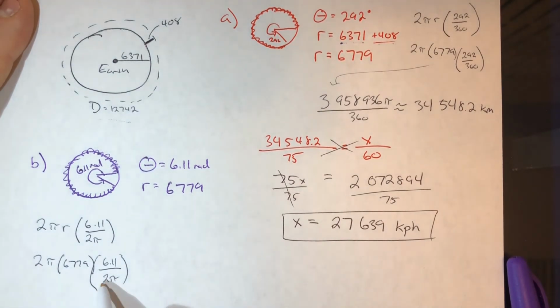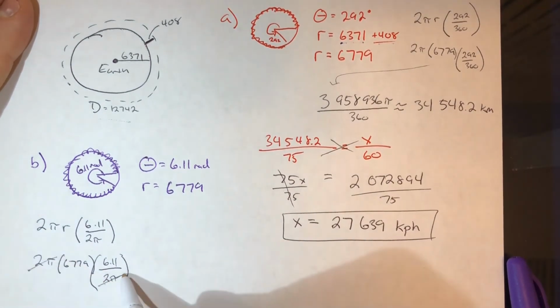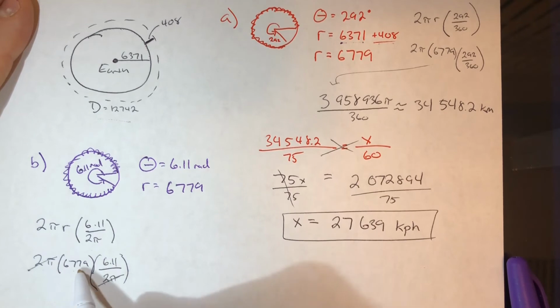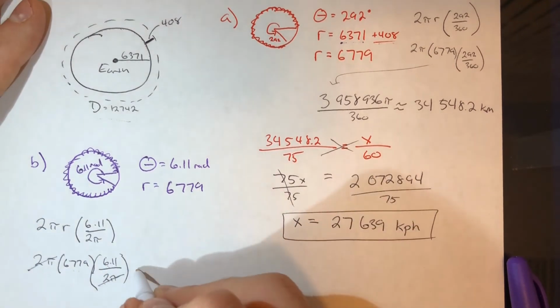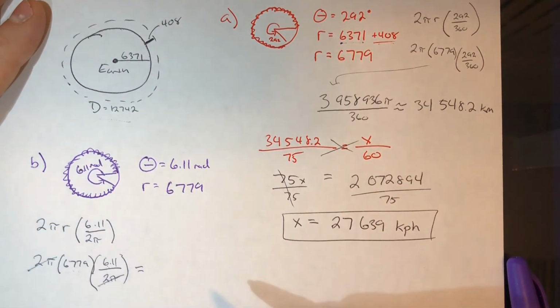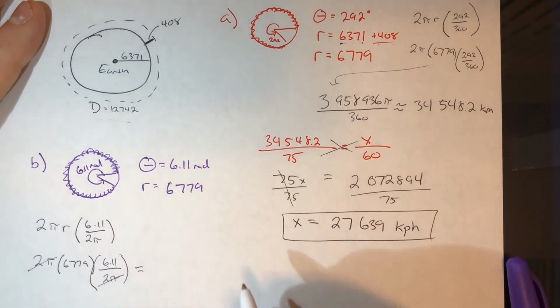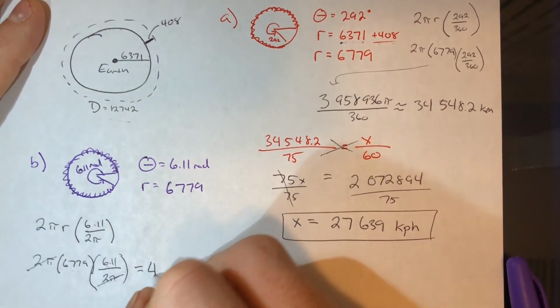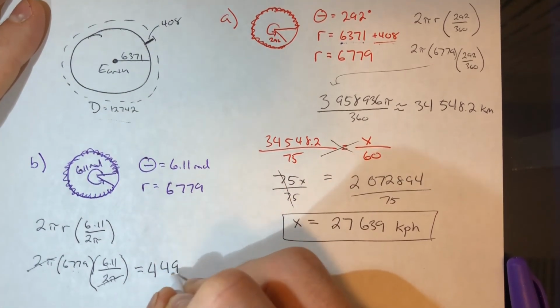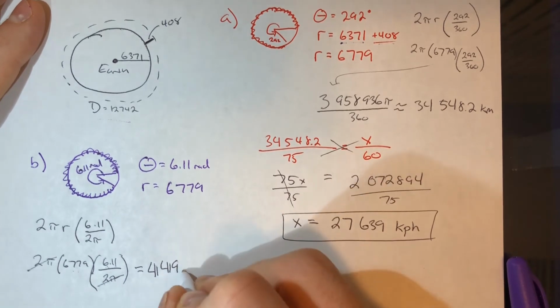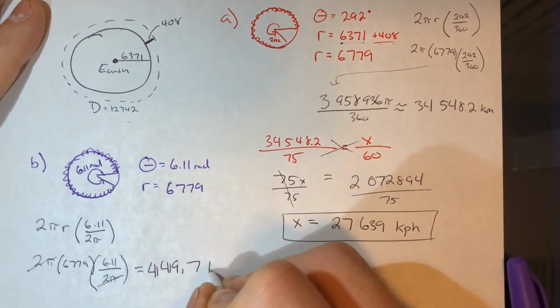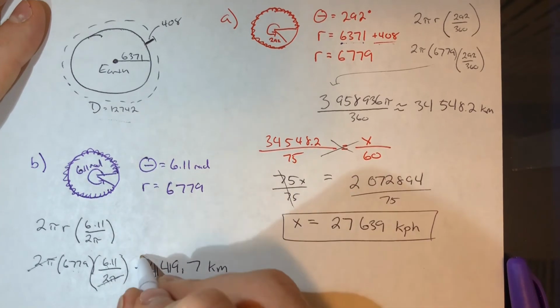We notice that I have a 2 pi up top and on bottom, so I'm literally just multiplying these two values together. So I get 6,779 times 6.11, which will give me 41,419.7 kilometers.